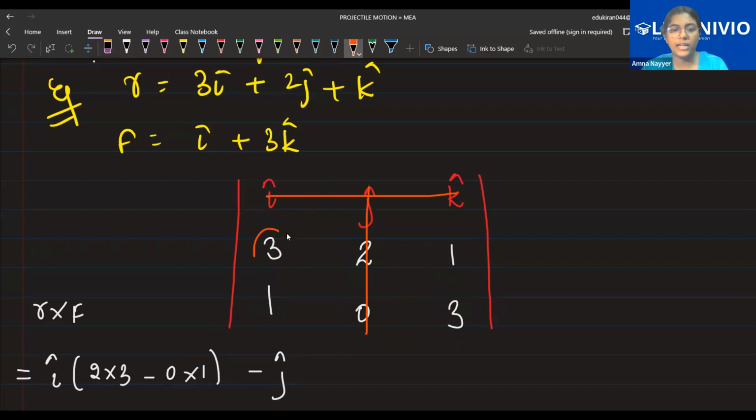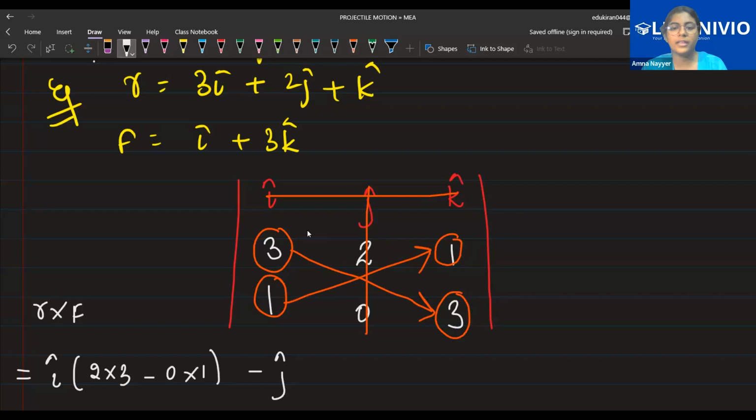Now we are left with 3, 1, 1. So 3 into 3 minus 1 into 1. Again, vertically down, 3 into 3, minus vertically up, 1 into 1, plus K cap.